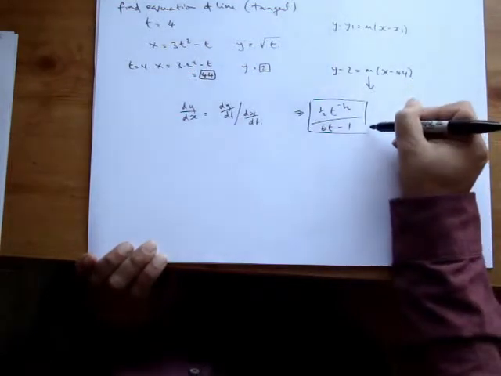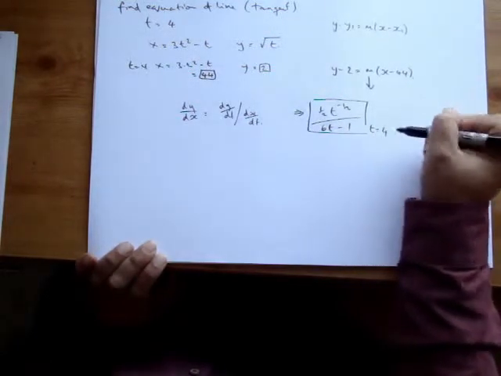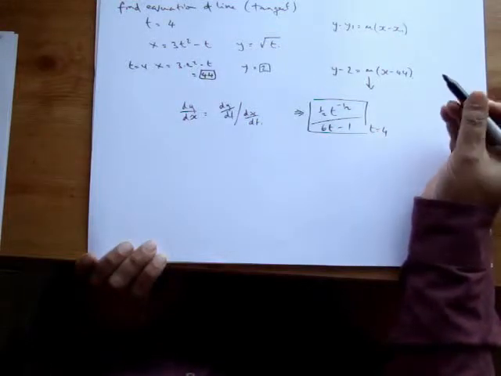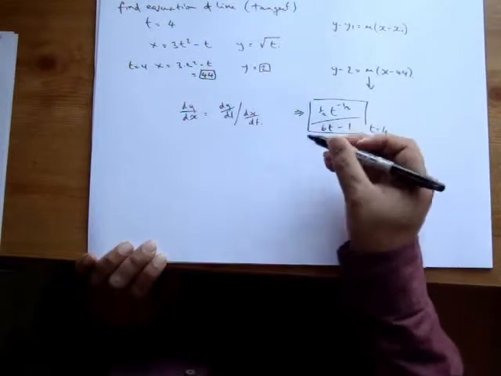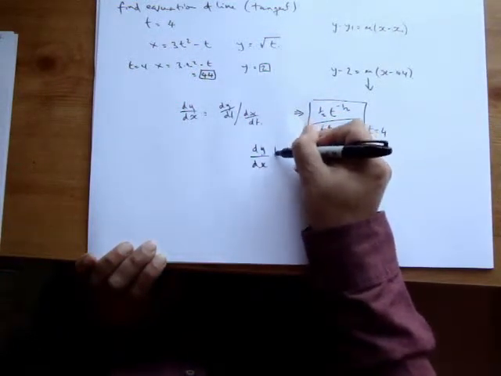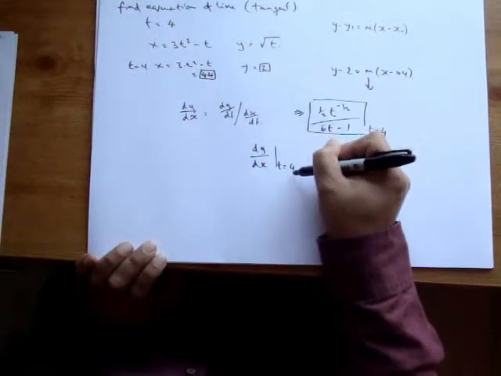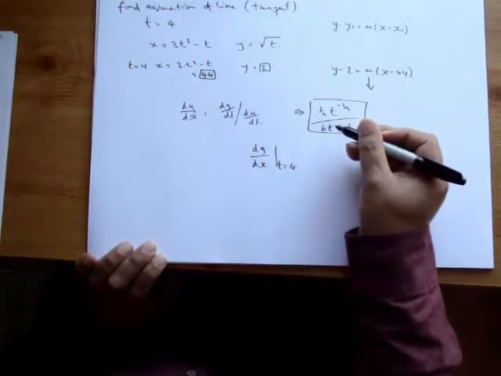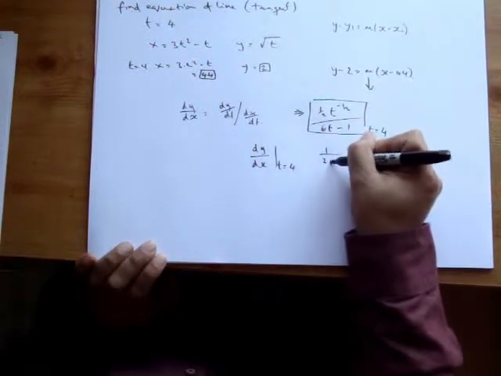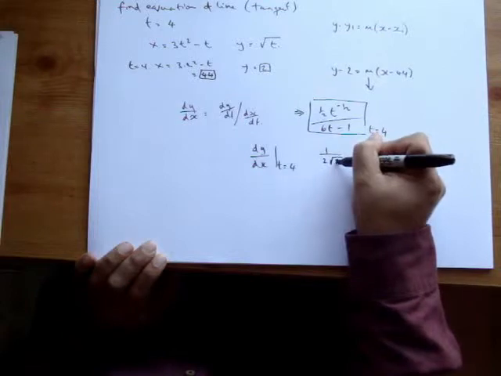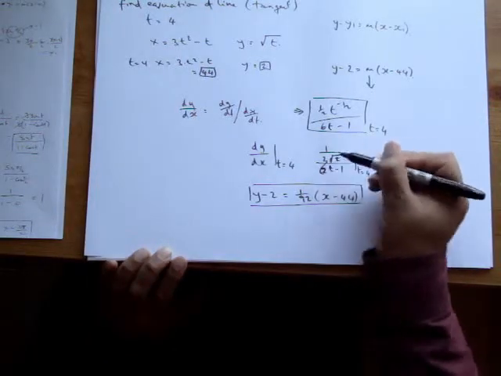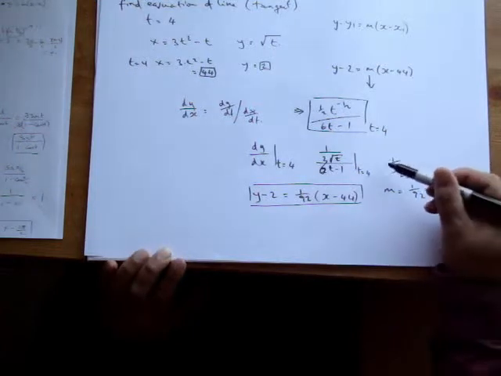We want to find this at t equals 4. dy by dx is 1 over 2 square root of t, over 6t minus 1.